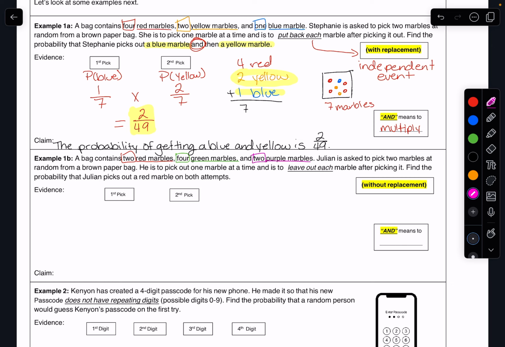He is to pick out 1 marble at a time and is to leave out each marble after he picks it out. So that means that this is without replacement, which means it is a dependent event. Okay. So we're going to find the probability that Julian picks out a red marble on both attempts.